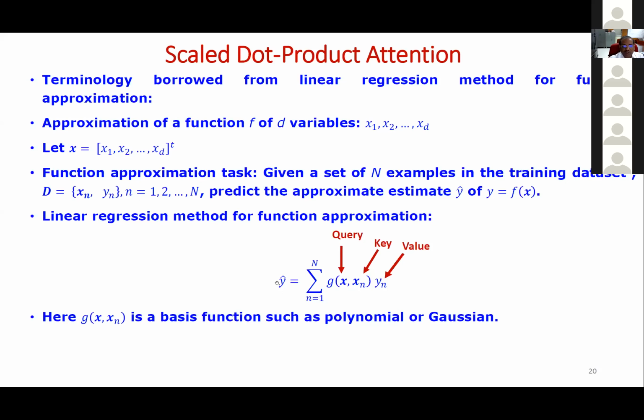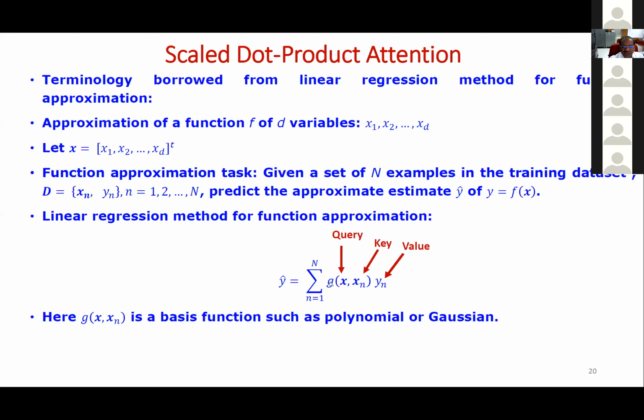So y hat can be estimated as the summation of some function g of x comma xn, and then the value of this function is multiplied by the value yn. This g is normally referred to as the basis function.